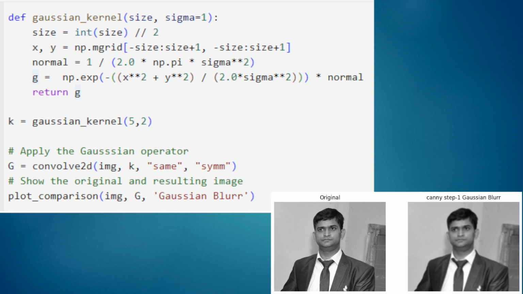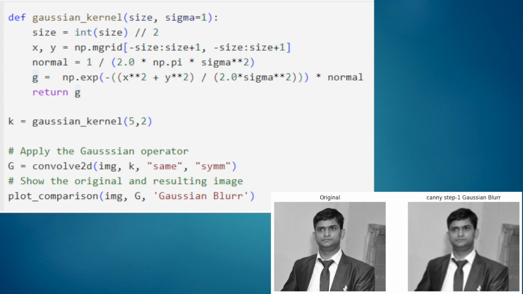If you remember, in the convolution process the size of the result is larger than the input: L1 plus L2 minus 1 in 1D convolution, the length of the first signal plus the length of the second signal minus 1. But here we can maintain the same size by using this same command.